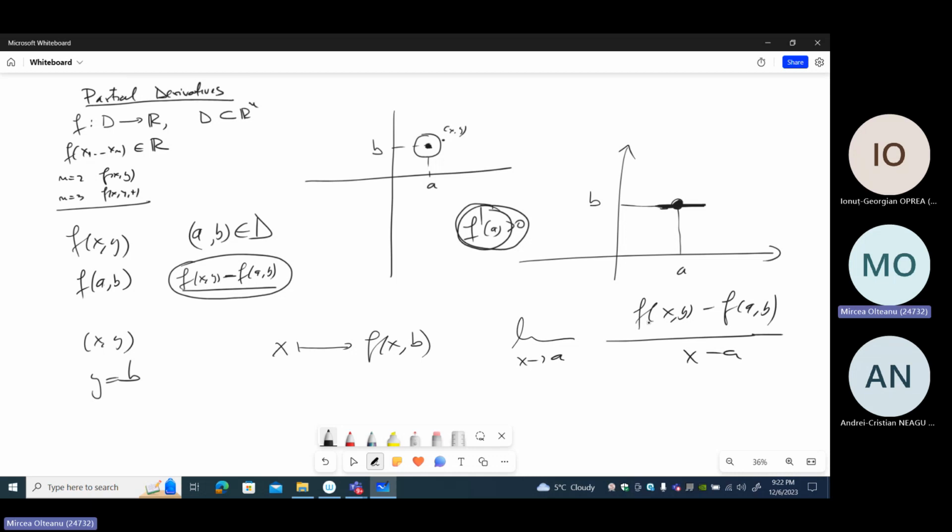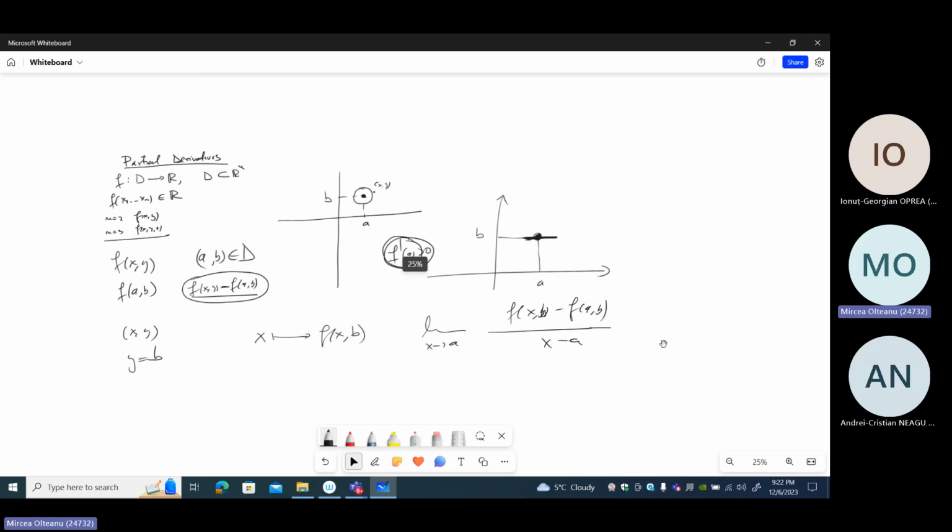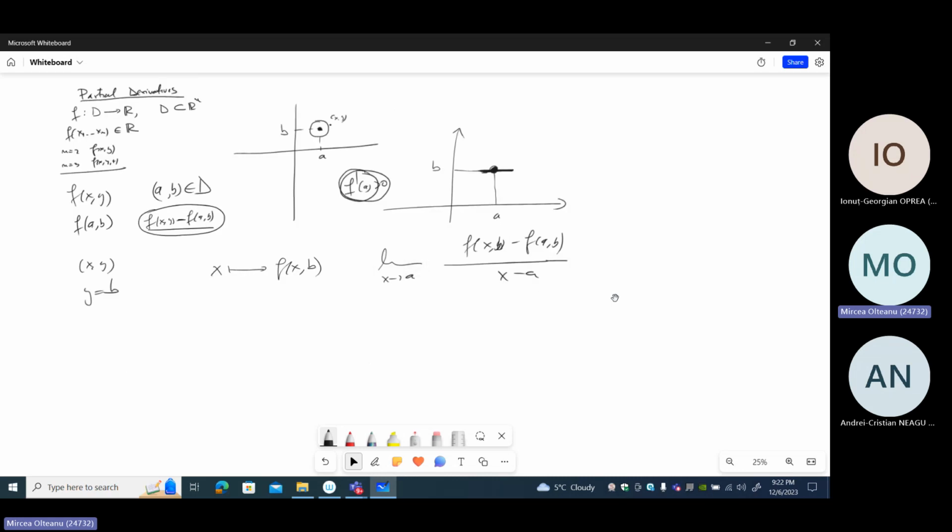This is a limit of a function of one single variable, like in college, nothing new. So the value of this limit is a measure of how quickly the values of f are changing if the argument (x, y) is moving in this very particular way.